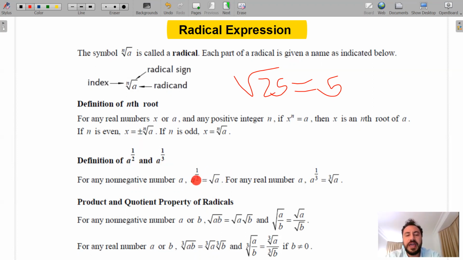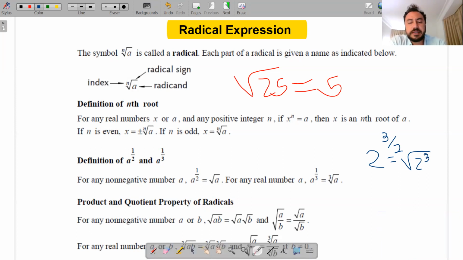So a to the power of 1 over 2 is expressing a square root. A to the power of 1 over 3 is expressing a cubic root. So if I find something like 2 to the power of 3 over 2, this is just the square root of 2 to the power of 3. Very important.